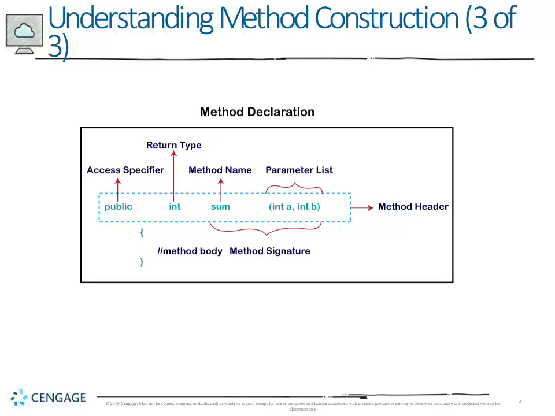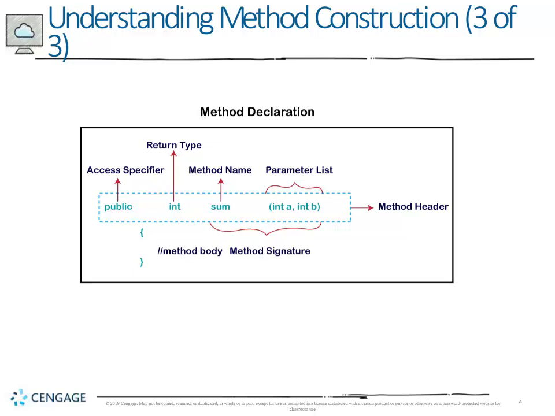Protected: the method is accessible within the same package or subclasses in a different package. Default: when we don't use any access specifier in the method declaration, Java uses the default access specifier. It is visible only from the same package.